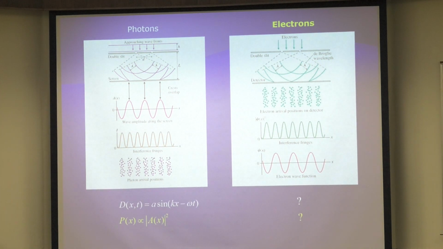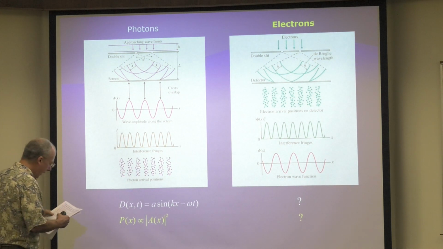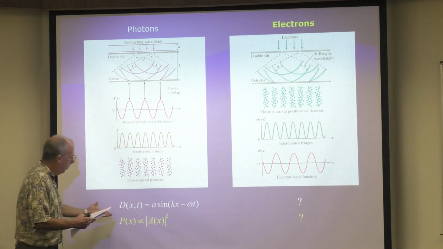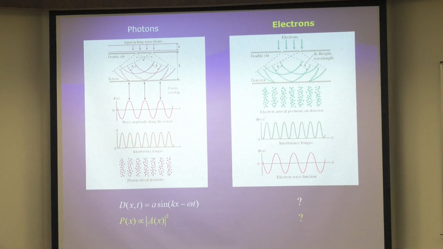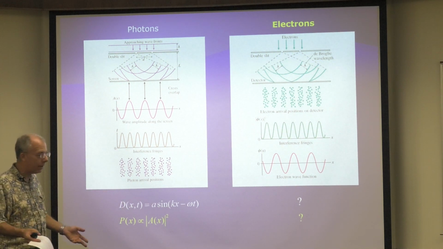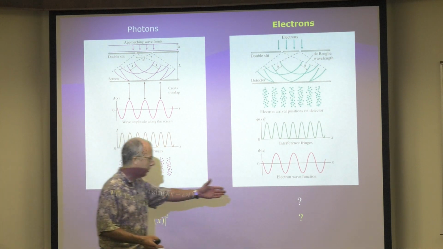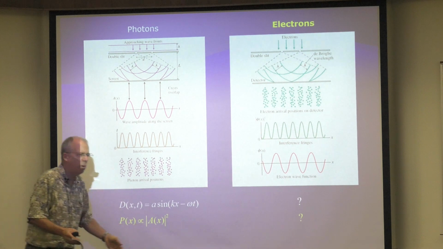So what are we going to do? We somehow have to get an equation for the amplitude of the electron matter wave. If you're developing this theory of quantum mechanics and trying to figure out a wave equation and an amplitude for an electron, what are you going to do?